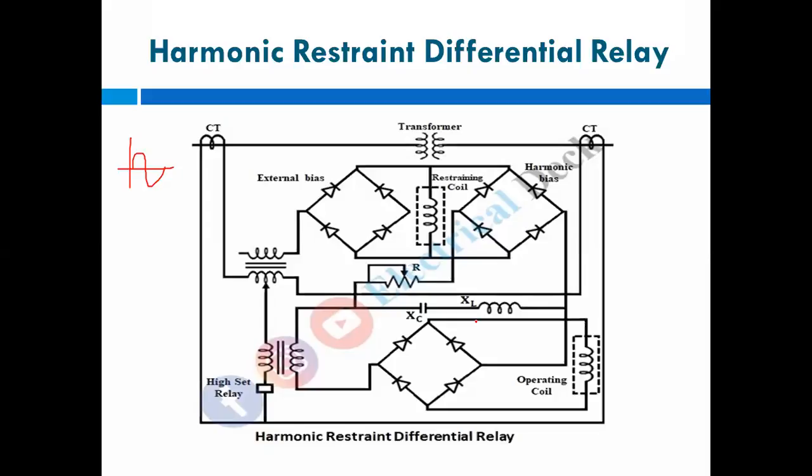So when there are only fundamental harmonics, that is when the faults are simple, we set a value of current, and whatever current flows through the operating coil, at that time your relay will operate.